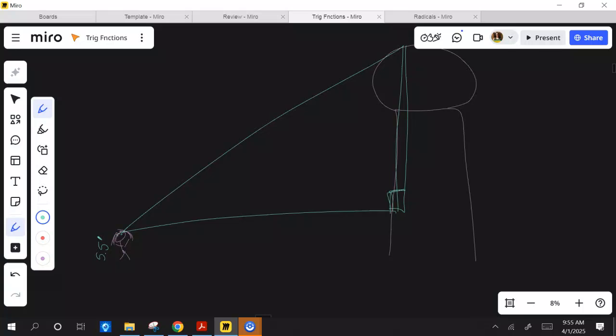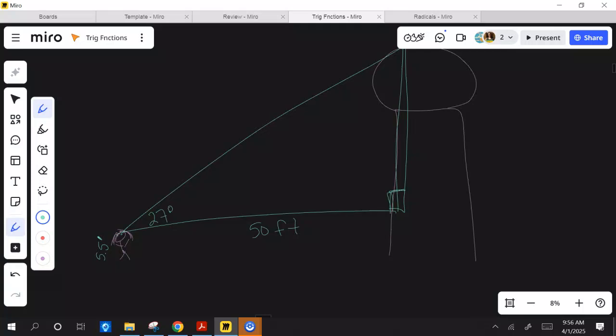Let's say you were standing 50 feet away from the base of the building, and you were looking up at an angle of 27 degrees. That's your theta. Your angle of elevation is 27 degrees. You're standing 50 feet away from the state building. How tall is the state building?